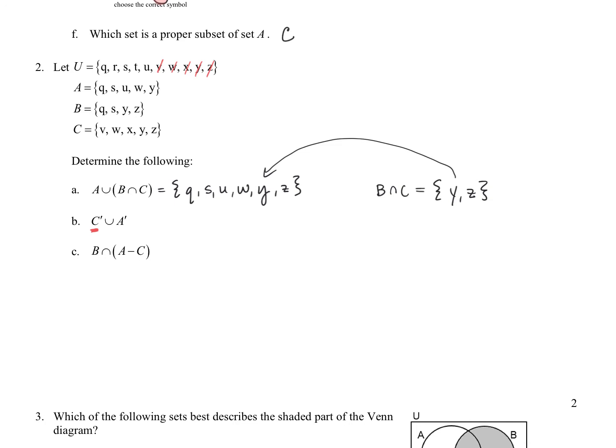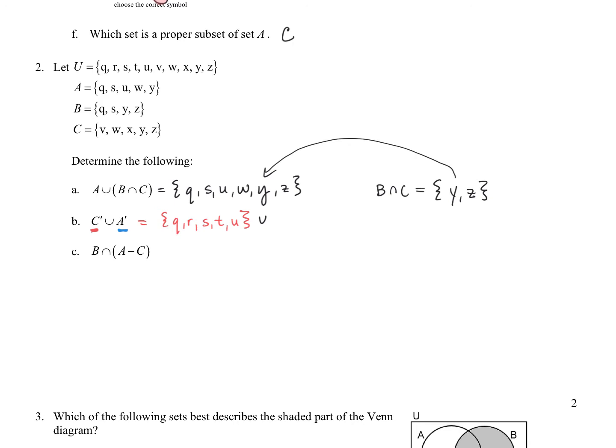Now I want to do the same thing with A. So what are the letters that are not in A? Actually, let me list these out. Okay, so not in C would be Q, R, S, T, U. Okay, and then we're going to have a union with everything not in A. So let me erase these marks up here.